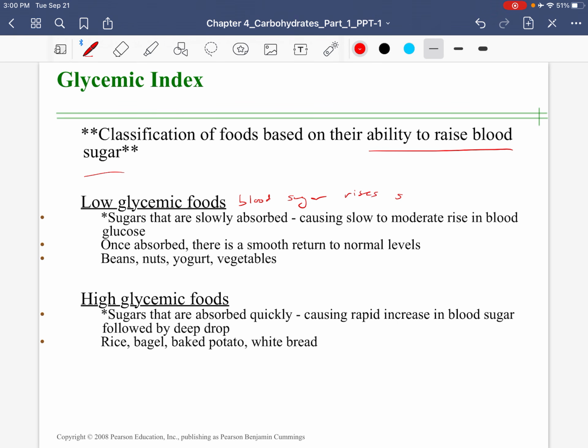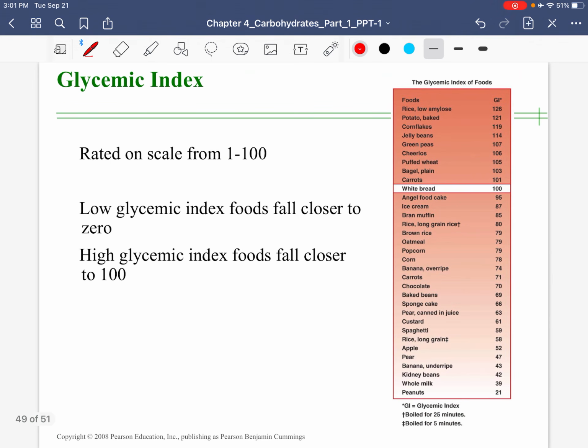Let me write it in here. So a low glycemic index food, the blood sugar rises slowly. On the other hand, a high glycemic index food causes a rapid increase in blood sugar. It's okay to have some of both of these as an athlete, but it's important to understand them.